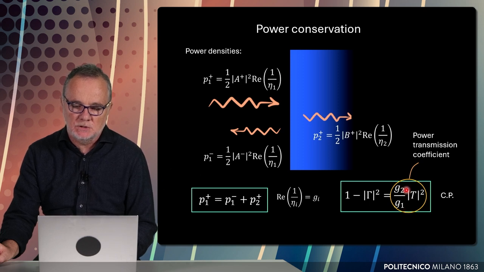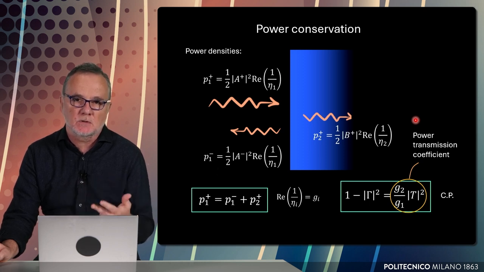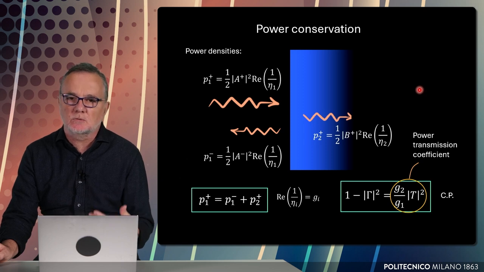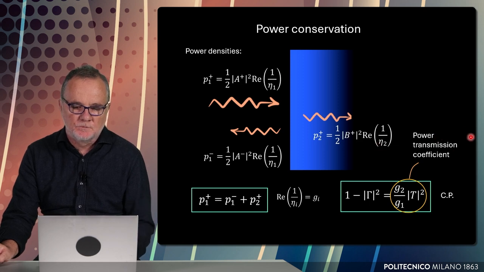These two numbers, G1 and G2, for instance, G1 is the real part of the inverse of the wave impedance, so it's the real part of the wave admittance. If the material is lossless, as in this case, this real part corresponds to 1 over eta 1 simply, because eta 1 is real, and so is eta 2.